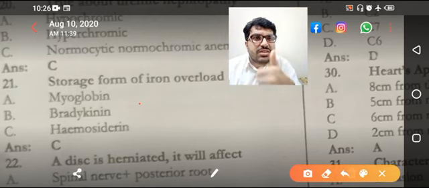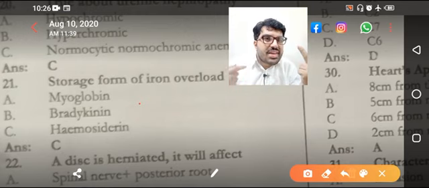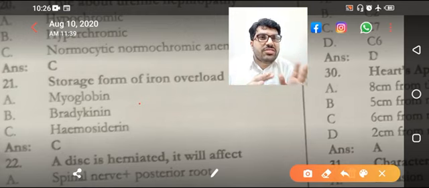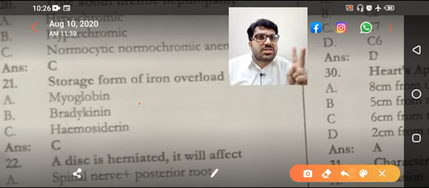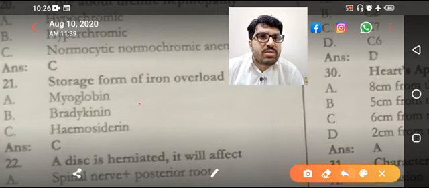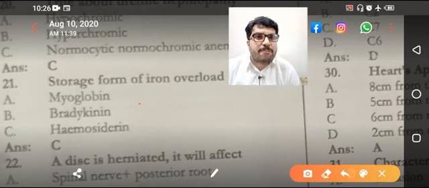Diabetes mellitus, hypopituitarism, cardiac abnormality, or skin abnormality? The answer is pigmentation of the skin and cardiac abnormalities. These two are reversible. What is the most common manifestation of hemochromatosis in the heart? Restrictive cardiomyopathy.